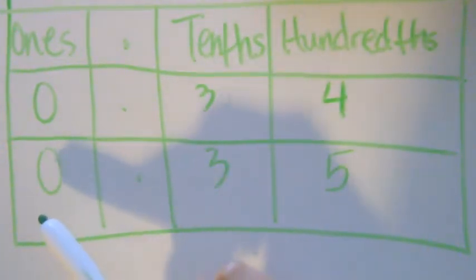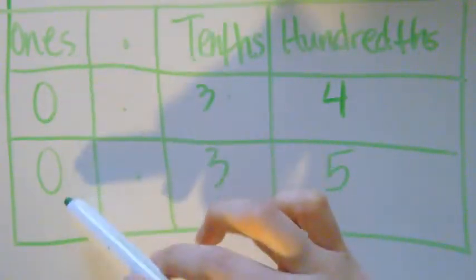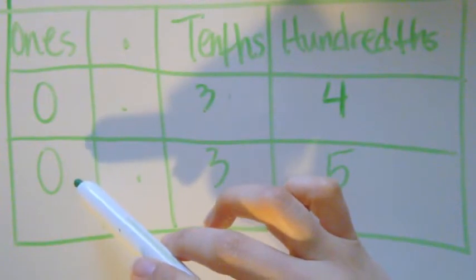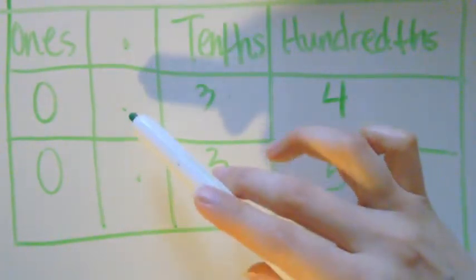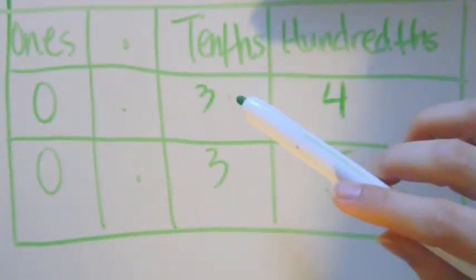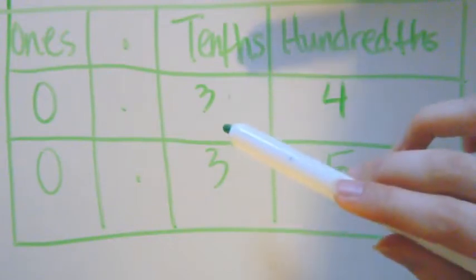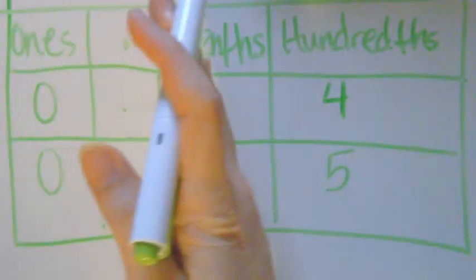All right, so starting from left to right, I see that in our ones place, both numbers have the same 0 place value number, okay? And then moving on to our decimal point, it is right there positioned in the same spot. And then as we move further down our place value chart, in our tenths place, again, same number. So we're not comparing any of these parts yet because they all have that same number, okay?